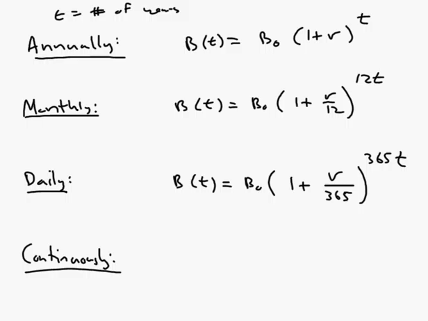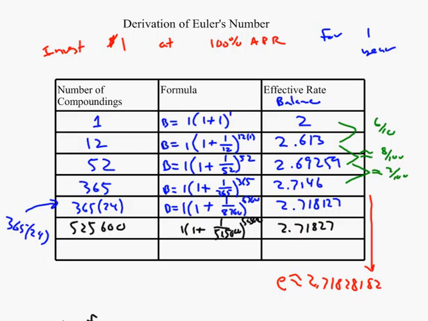What we saw with the chart yesterday was, in this strange investment strategy where we invested $1 at 100% APR for 1 year, we never really got beyond some magic number, which I called E. I told you this was the number E.